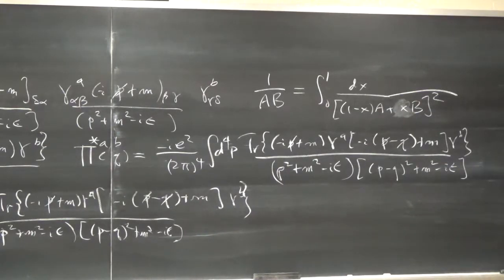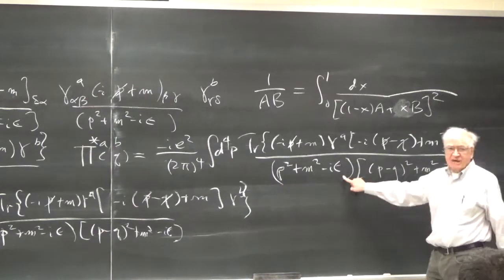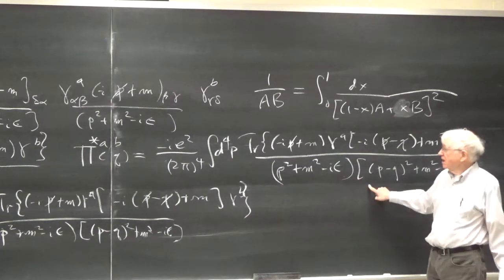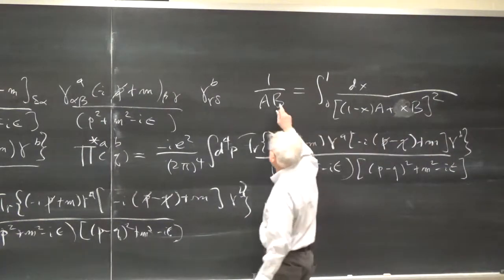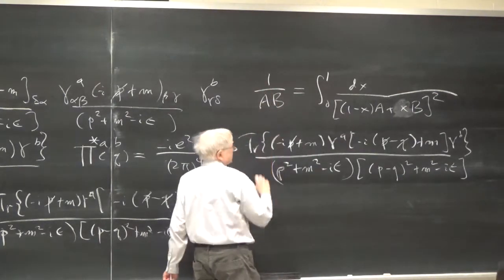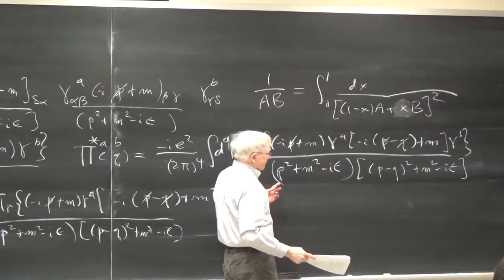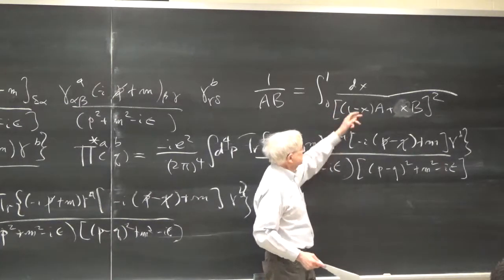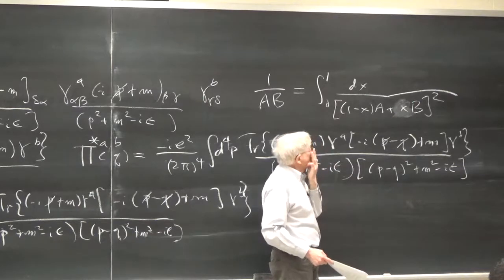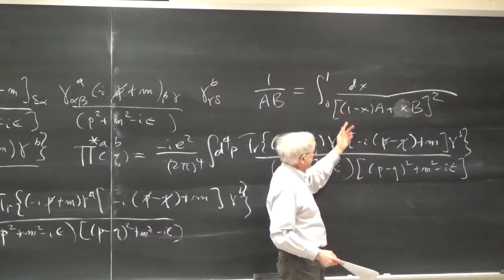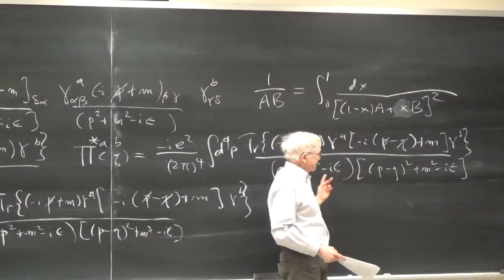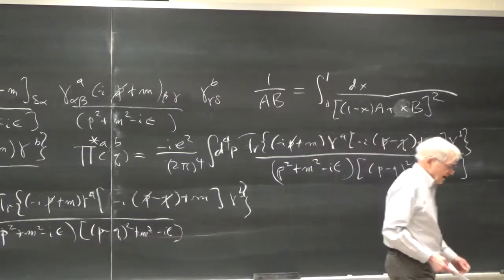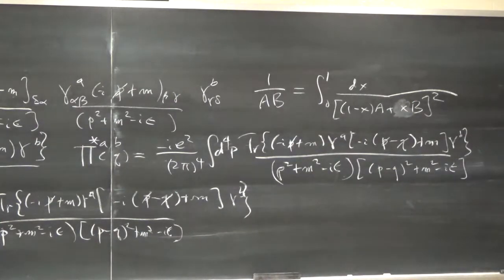Okay, so what's the use of this? Well, you see, here we have a product. So we have an integral that's 1 over a product of two quantities. If we can write that as an integral over an auxiliary parameter x, then we can arrange to have something involving a sum of these quantities, and then we can do something.